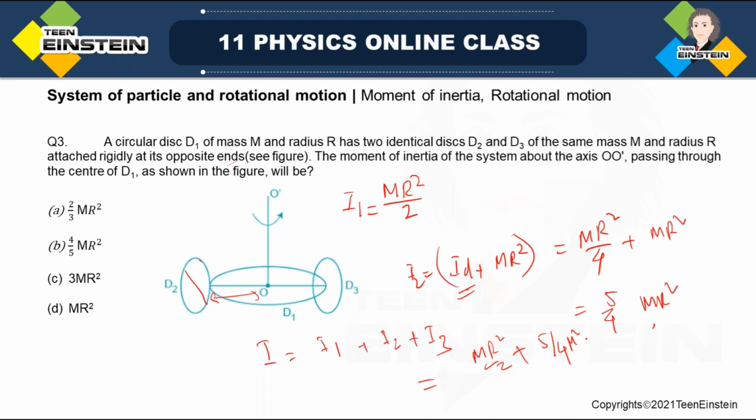Since there are two of them, 2 has to be multiplied with this. So mr square by 2, plus 2 times 5 by 4 mr square.